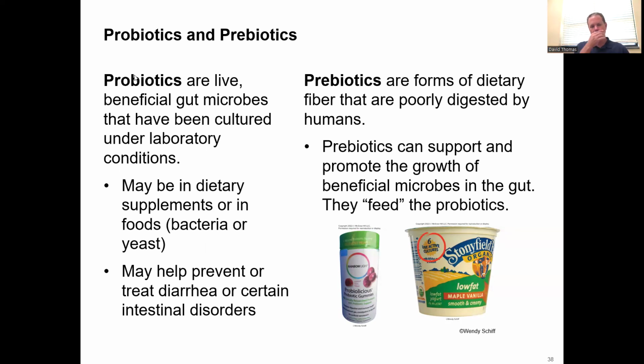Certain foods have probiotics. These are actually living microbes that have been cultured and grown in a laboratory condition that we can ingest, and they start colonizing inside of our intestines.